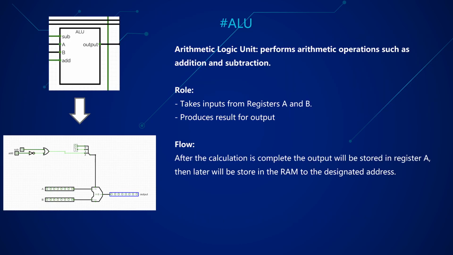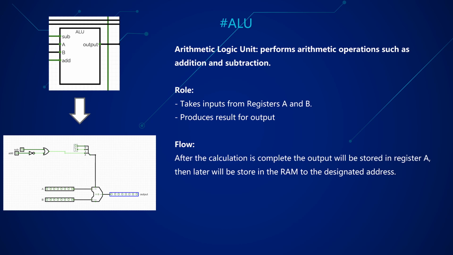Next we have the ALU, which is the arithmetic logic unit. It performs arithmetic operations such as additions and subtractions. The role is to take input from both A and B and produce a result as output. Here is the flow: after the calculation is complete, the output will be stored in register A, then later stored in the RAM at the designated address.